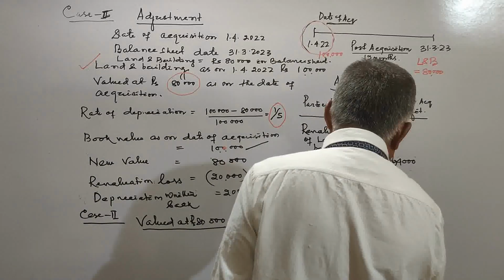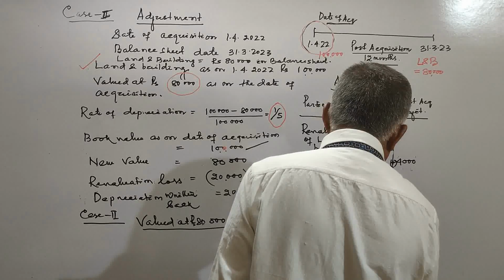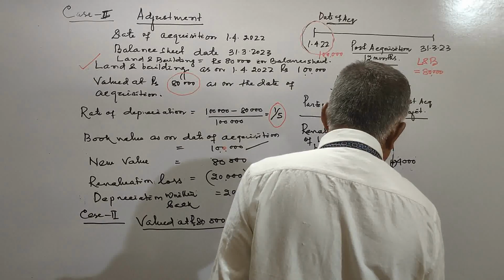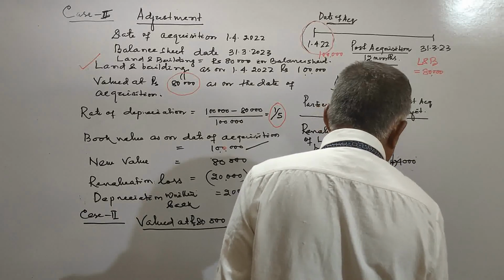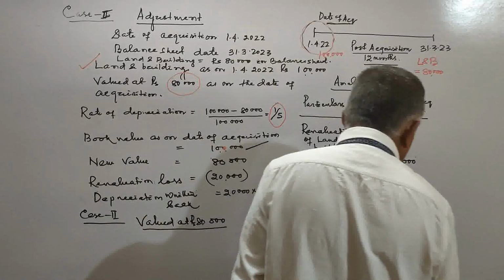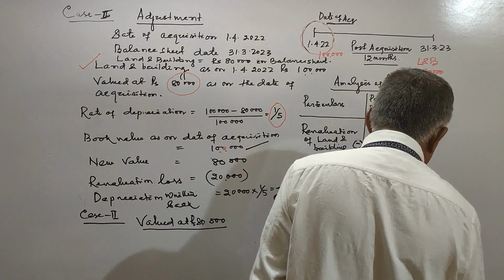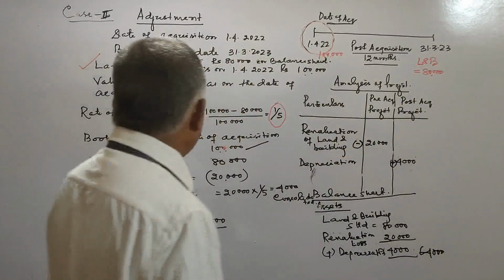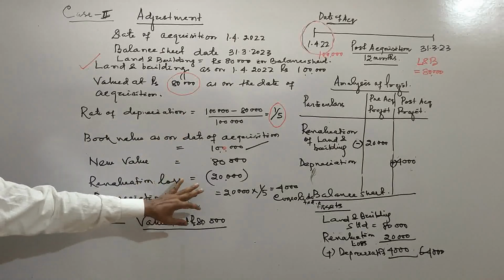This is revaluation loss, so it will be 60,000 and depreciation written back will be plus, this will be 64,000. This is how we can change it. Rate of depreciation, there is no change.